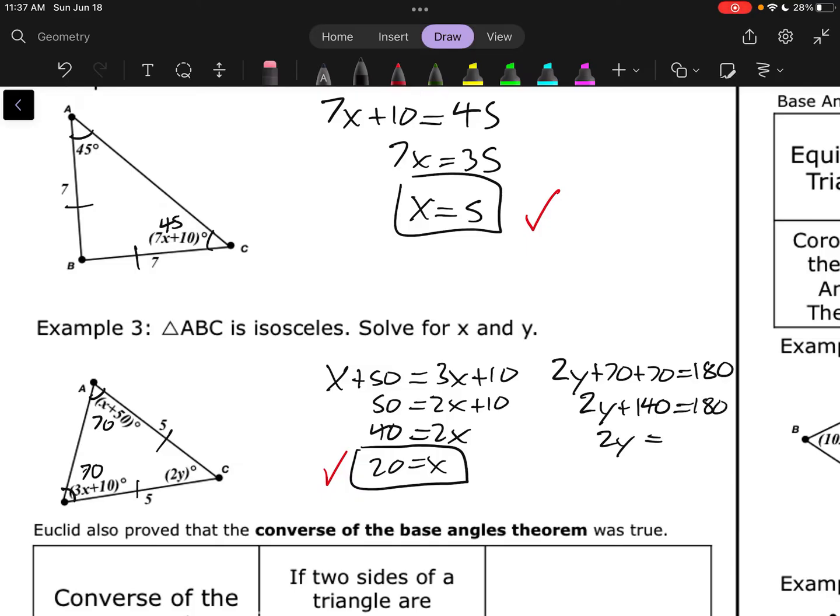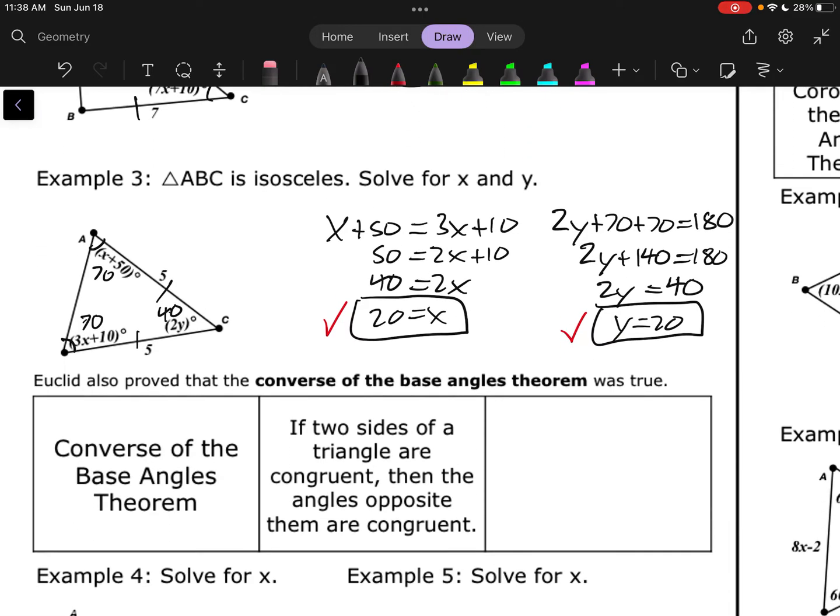That means 2y is equal to 40 if I subtract it. And that actually means that y is 20 also. Interesting. If we plug that back in, 2 times 20 is 40, and 70 plus 40 does equal 180. So check mark for that. That is also true.